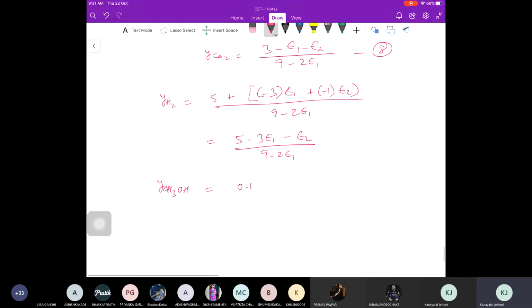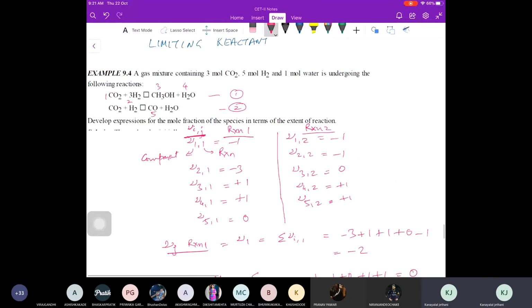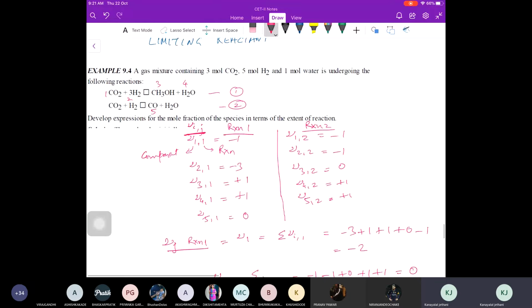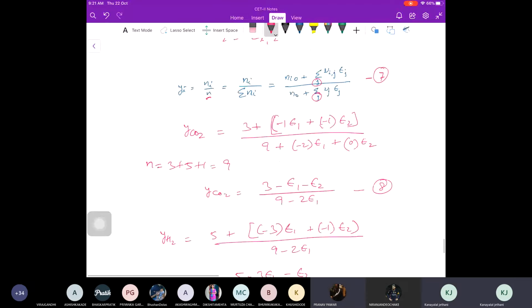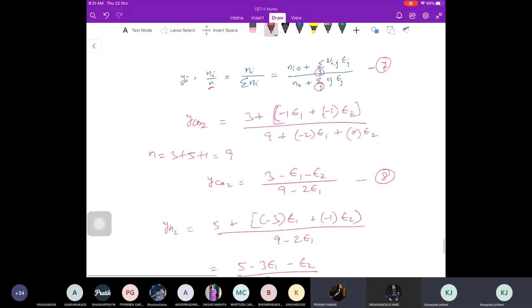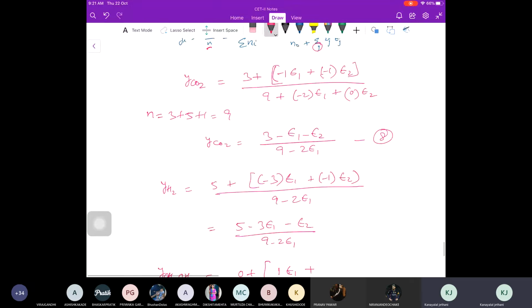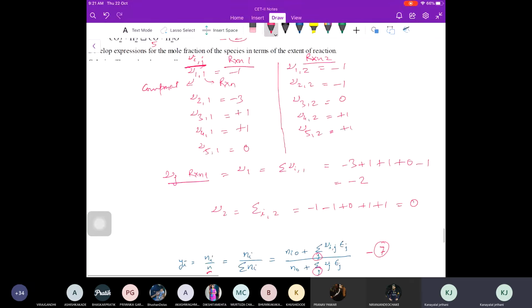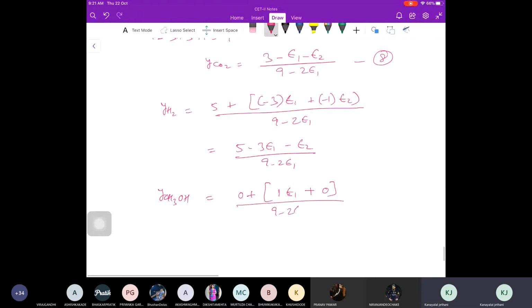So 0 plus nu methanol in the first reaction is 3, right? No sir, it will be 1. Sorry, it will remain 1. 1 plus, is methanol being formed in the second reaction? It is not being formed, right? So it is 0, upon 9 minus 2 epsilon 1.